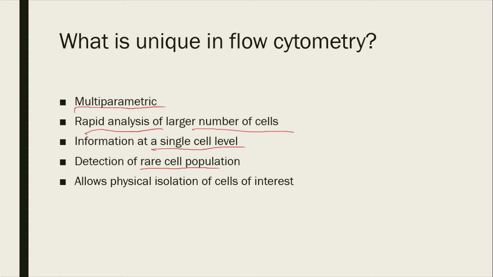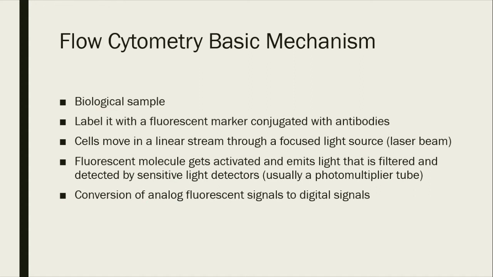We want to find these abnormal cells with the highest sensitivity possible. It also allows physical isolation of the cells. Once you see those rare cells, you can isolate them. It's just an extra add-on step to flow cytometry to isolate that cell from the big population. This is a huge thing in any type of cell-based research in the scientific community.